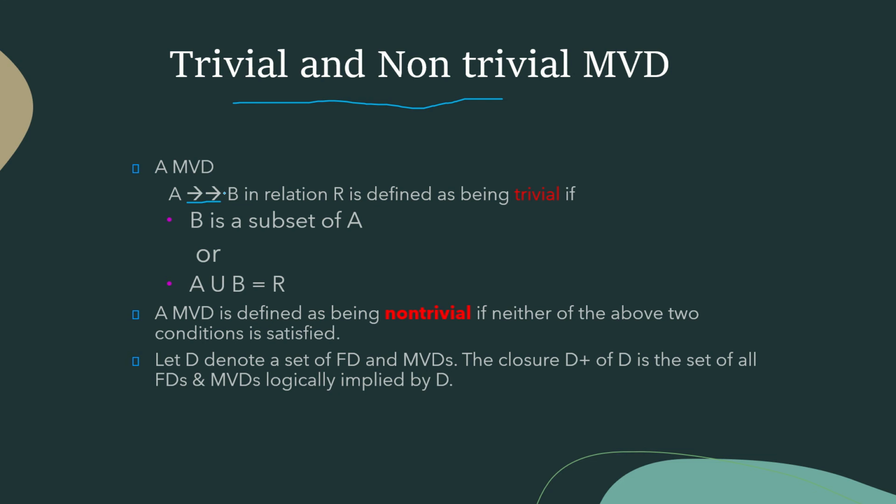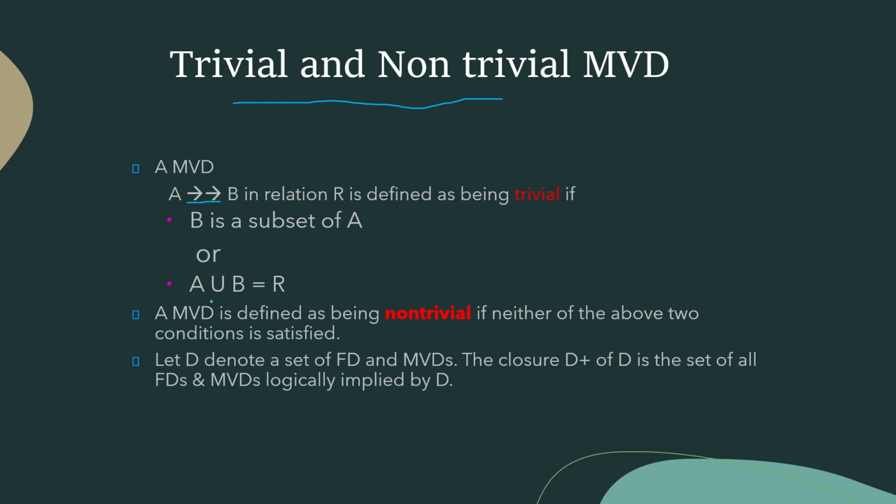Suppose there exists a multi-value dependency between A and B in a relation R. This multi-value dependency is said to be trivial if two conditions are satisfied. What about the first condition? We already studied the concept of trivial functional dependency. This is the case of multi-value dependency. The multi-value dependency from A to B is said to be trivial if B is a subset of A.